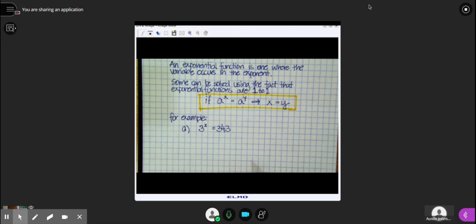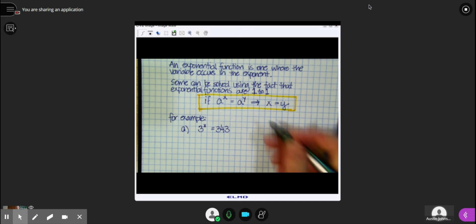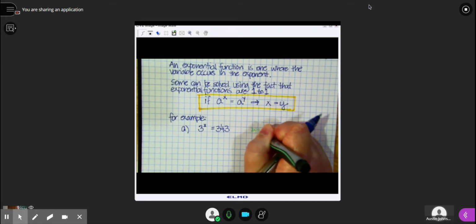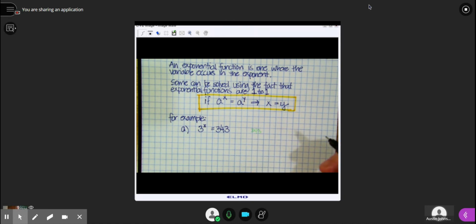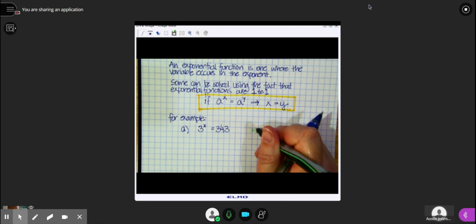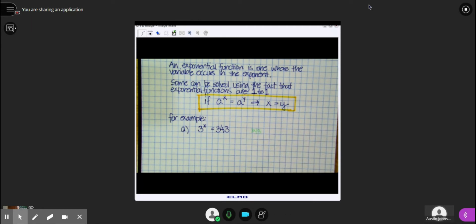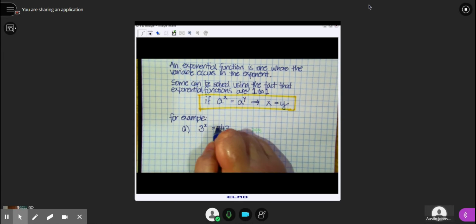If we do the prime factorization of 343, I think that's right. Oh, nope, I didn't want that. Hold on. I think I just put in the wrong number. 243 is what I wanted. My apologies.